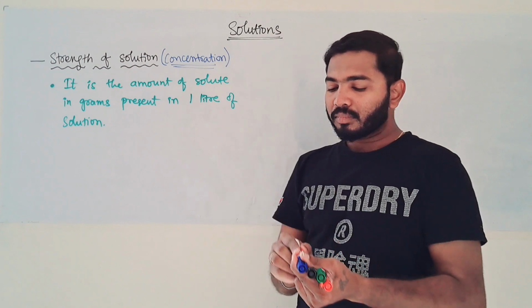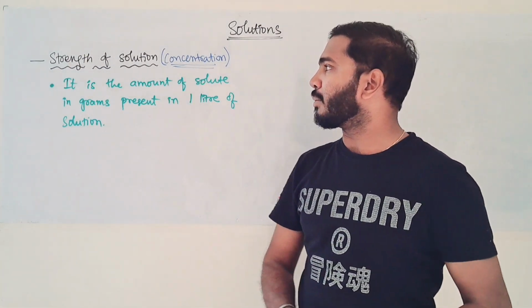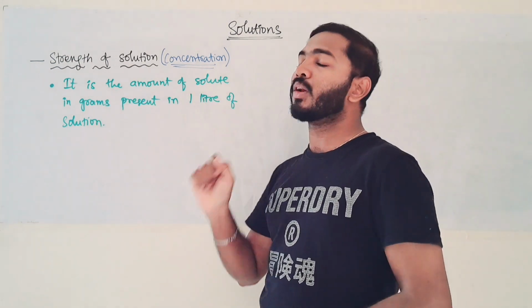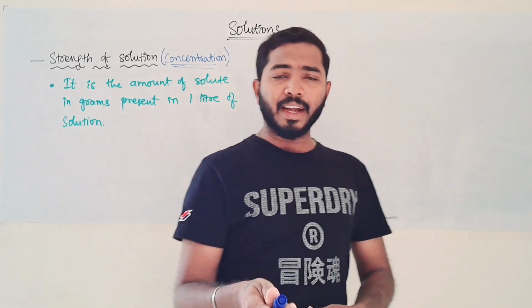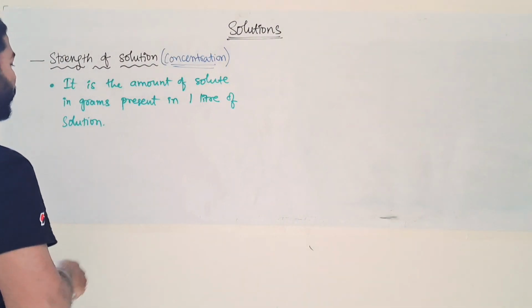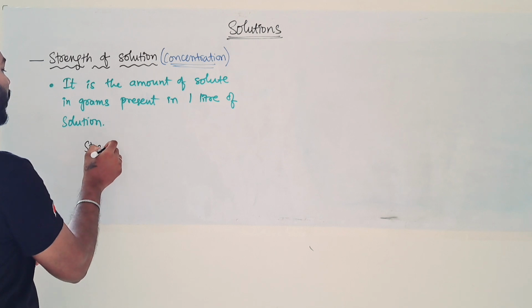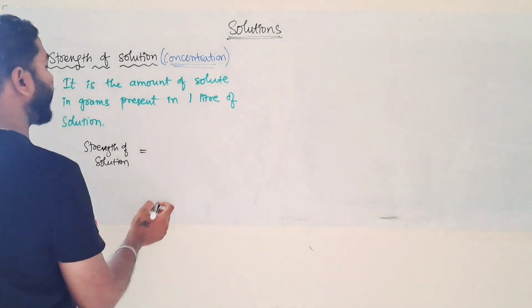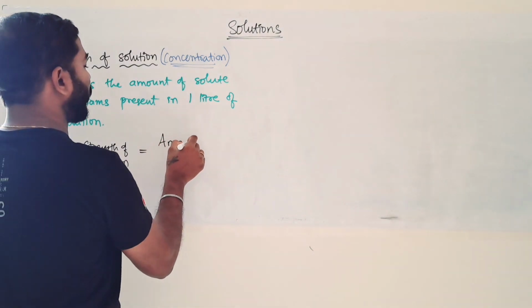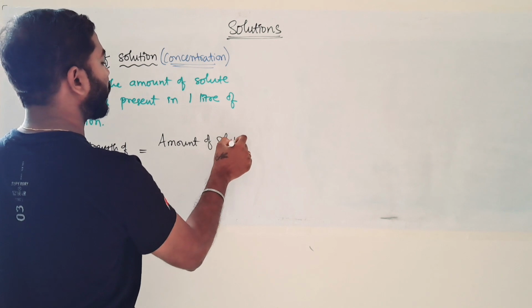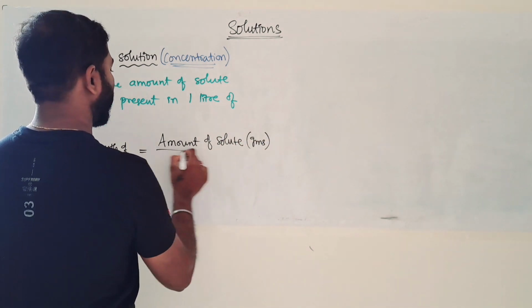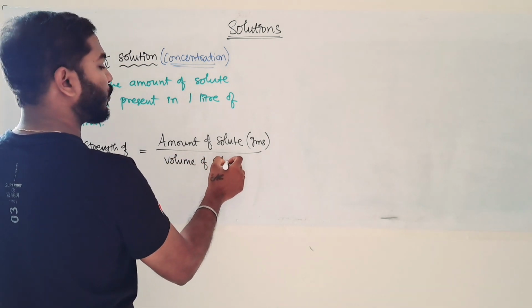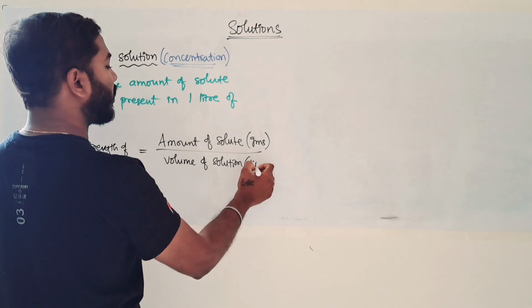So firstly, let us finish this. Strength of solution is the amount of solute in grams present in 1 liter of solution. We can write the formula like this: strength of the solution equals the amount of solute, which must be taken in grams, divided by the volume of the solution, which must be taken in liters.